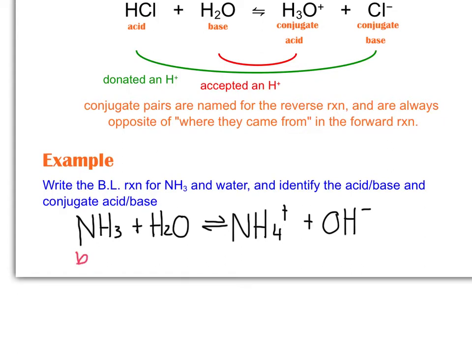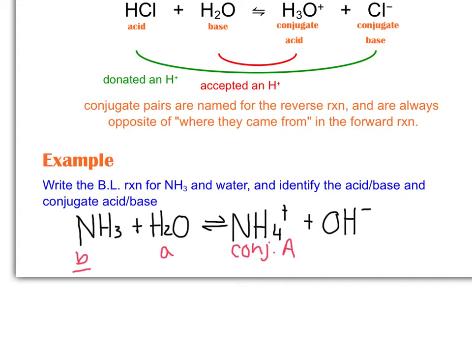So, like I said here, ammonia is acting as our base. And then we find that water must be acting as the acid, because we have to have an acid and a base for the Bronsted-Lowry reaction to happen. Anything on our product side that looks like ammonia has to be the opposite. So because it's a base here, this must be the conjugate acid.